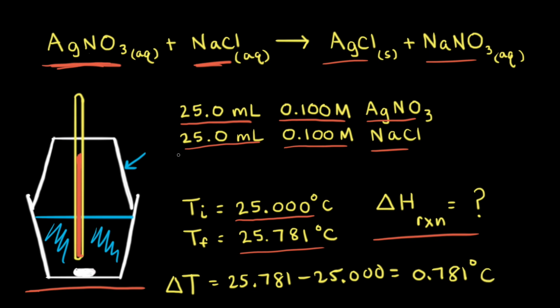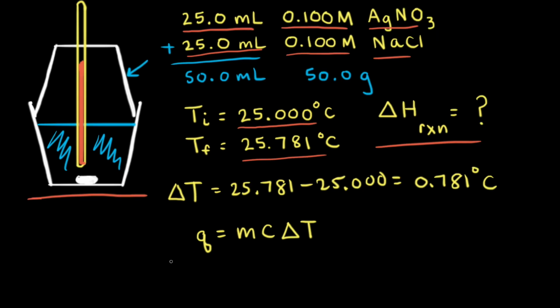The total volume of solution would be 25 plus 25, which is equal to 50.0 milliliters of solution. If we assume the density of the solution is 1 gram per milliliter, 50.0 milliliters is equal to 50.0 grams.